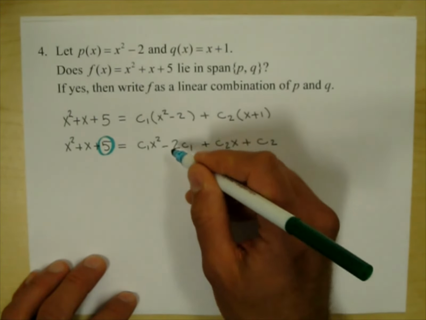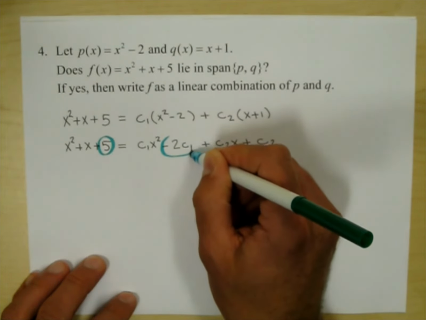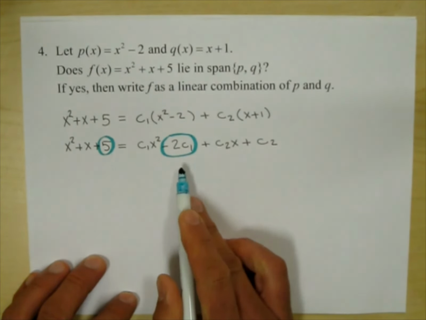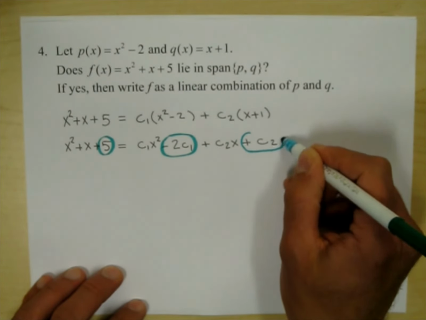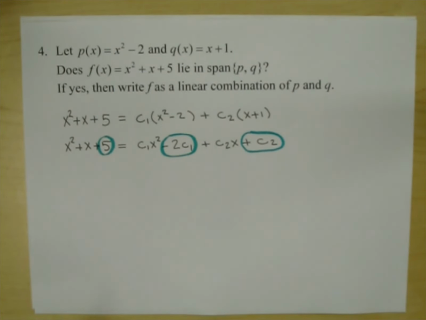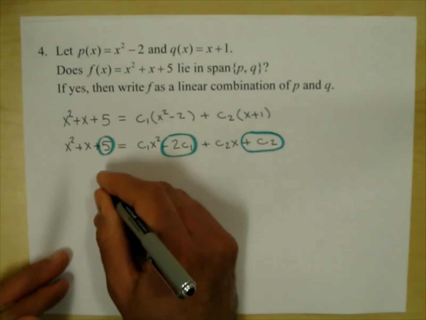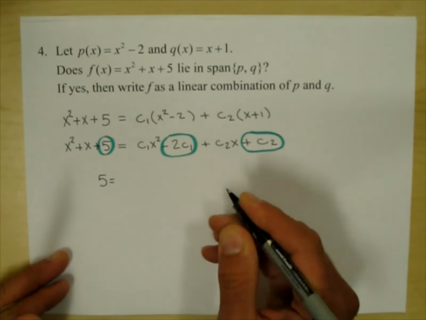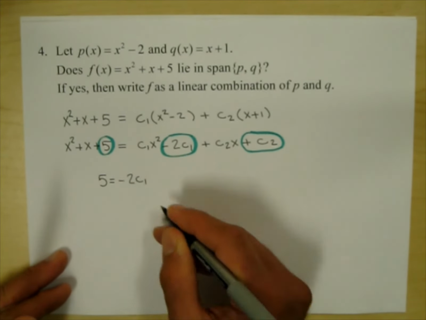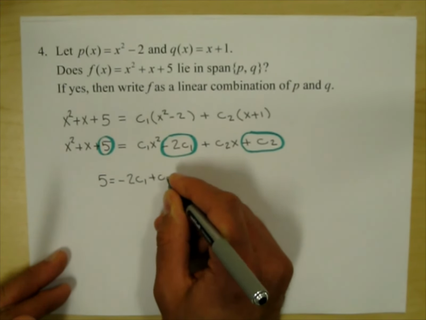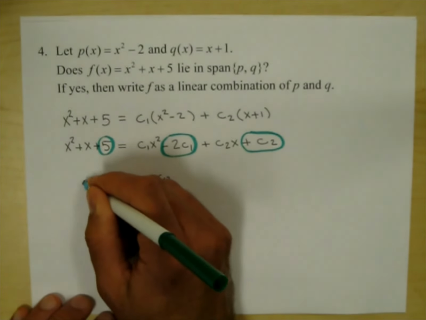And what else do we have? We have a constant. Now, you're thinking that's not a constant, it has a C1, but it doesn't have an x. So circle all the things that do not have x's. And so that gives us an equation that says 5 equals negative 2c1 plus c2. So this is the green equation.